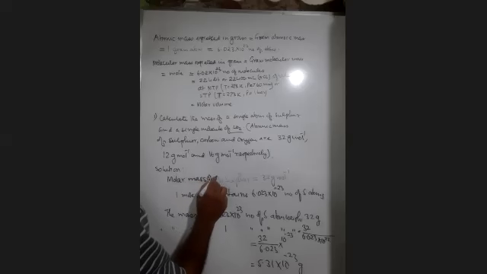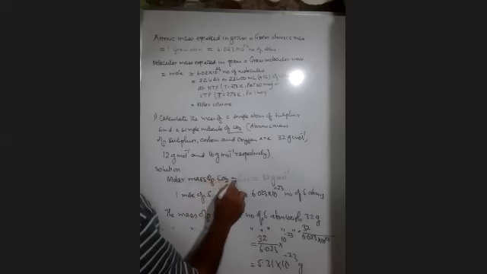So this is for the second part. Molar mass of carbon dioxide. What is the molar mass? Atomic mass is given.